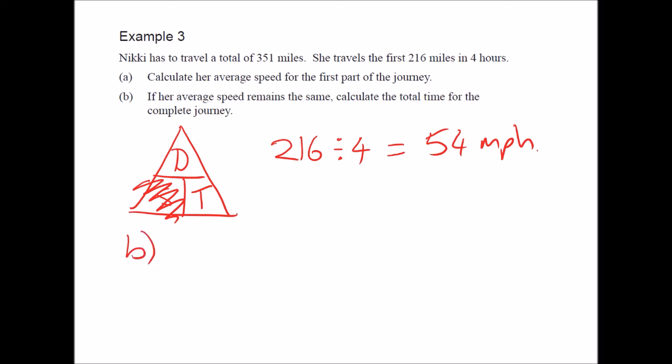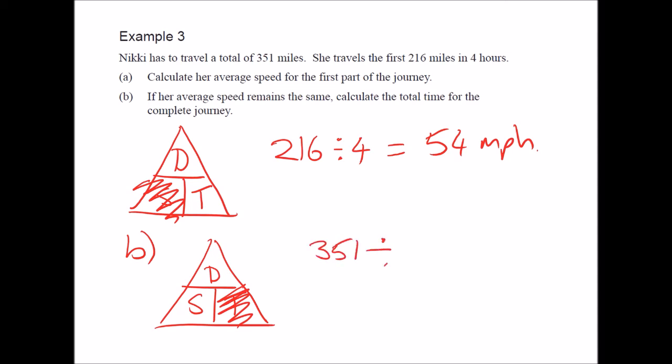Right, part B. If her average speed, that's the 54 we just found out, remains the same, calculate the total time for the complete journey. So if we draw the speed, distance, time triangle again, we want to calculate the total time. So we're going to need the distance divided by the speed. Let's cover that over. So total distance for the entire journey is 351.